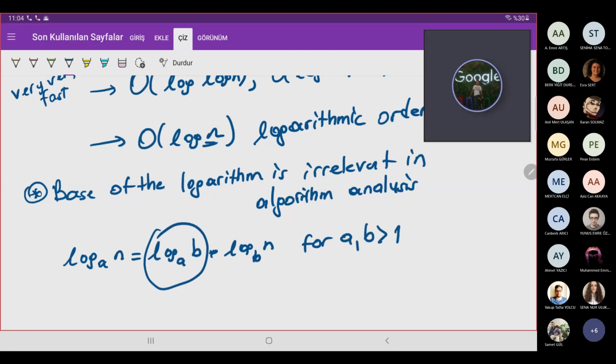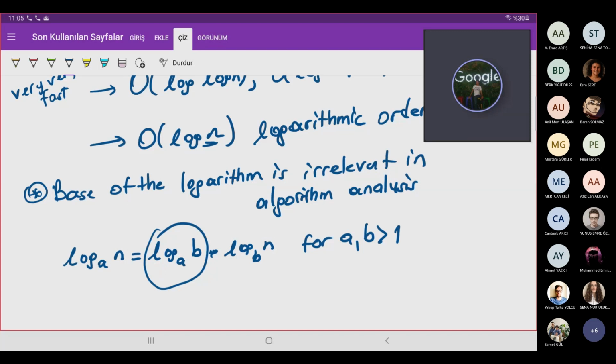So logarithm base 2 or base 10 are not important for us. But because we're in computer science, when we say logarithm, we most of the time imply base 2, as is the case with binary search, because we usually divide into 2.